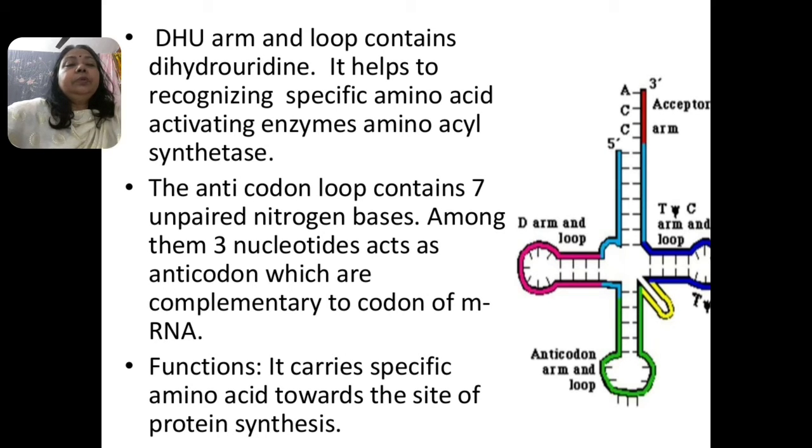The anticodon loop contains 7 unpaired nitrogen bases. Among them, 3 nucleotide bases act as an anticodon, which are complementary to the codon of messenger RNA. And the function of this is to carry the specific amino acid towards the site of protein synthesis.